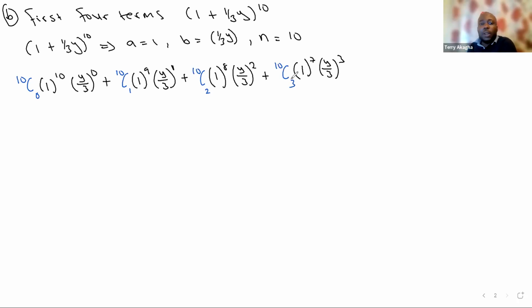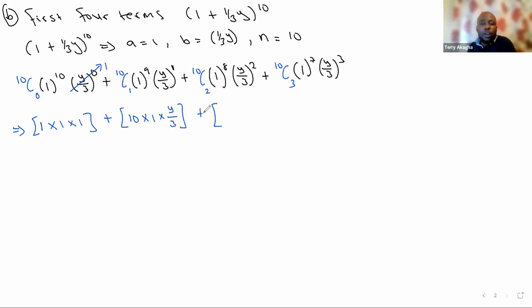All right, with that we can now solve it. Remember, anything raised to the power of 0 will give you 1. So 10 combination 0 is 1 multiplied by 1 times 1. Plus 10 combination 1 will give you 10 times 1, then times y over 3, plus.